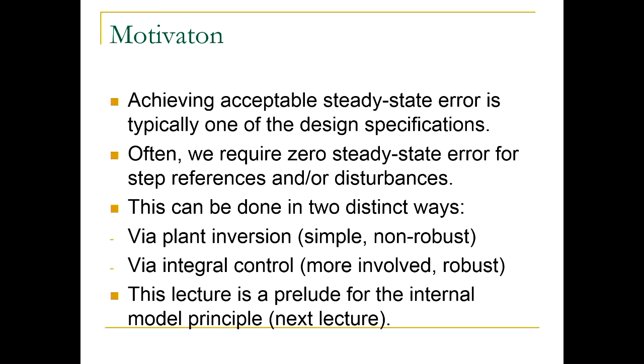On the other hand, integral control is a bit more involved, not much more, but the outcome is a robust design, which means that even if you ignore something in the design step, you will still achieve zero steady state error under very general conditions. That's a very cool thing. This lecture is also a prelude for the internal model principle, which we will talk about in the next lecture.